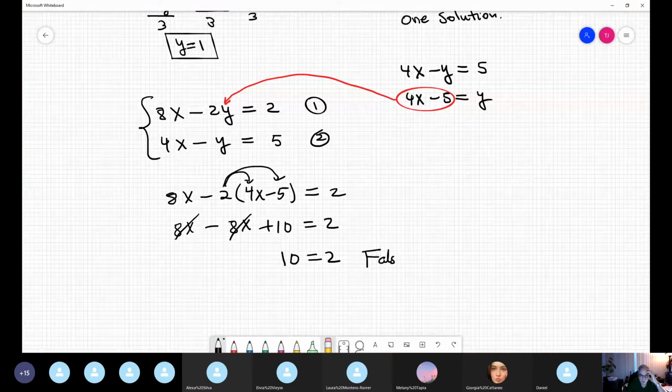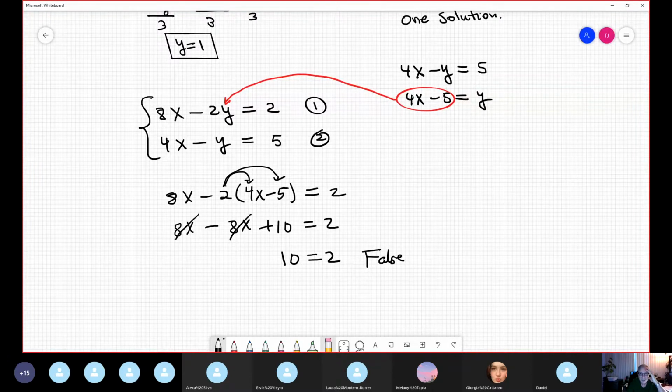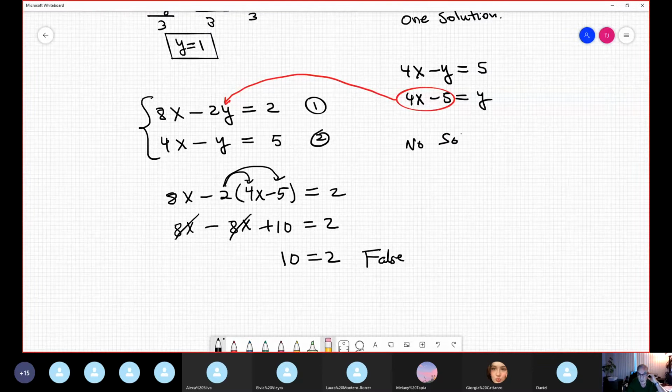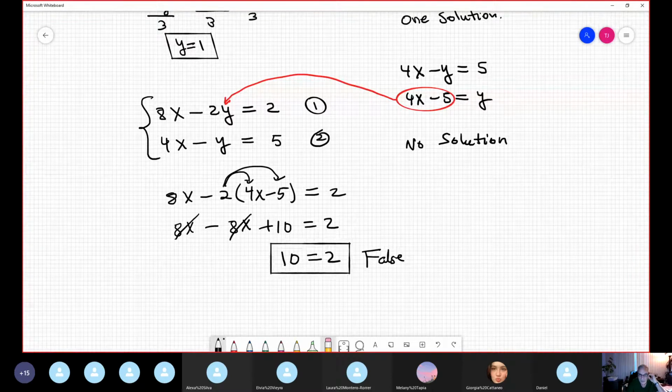That means when that situation happens, this system has no solution. You try to do your best, however, you cannot find a solution. In the last moment you get a completely false statement that also indicates there is no solution. The solution set is the empty set, this symbol or that symbol, nothing inside.